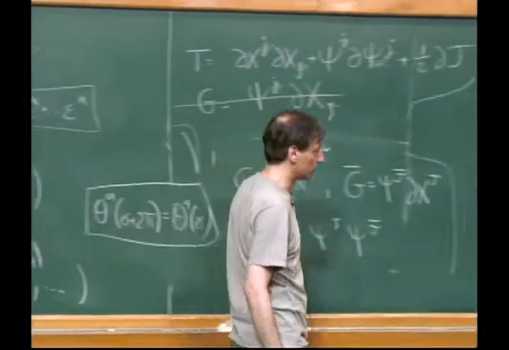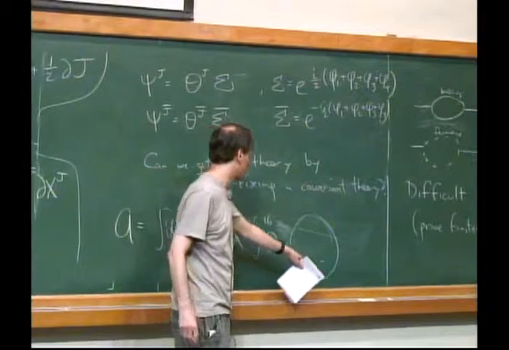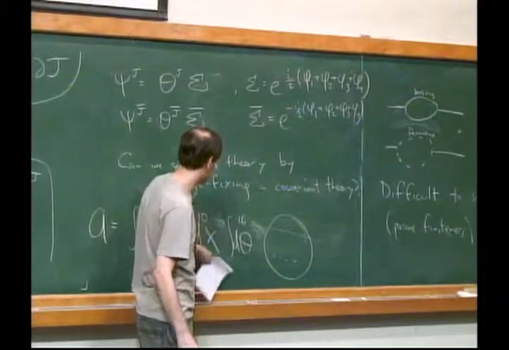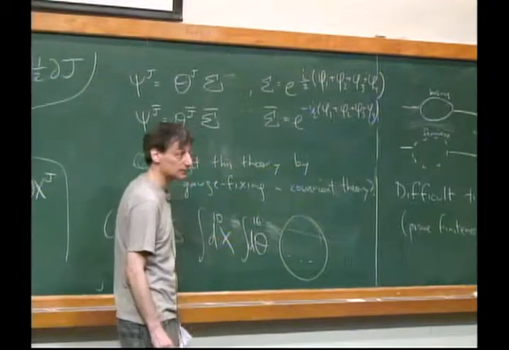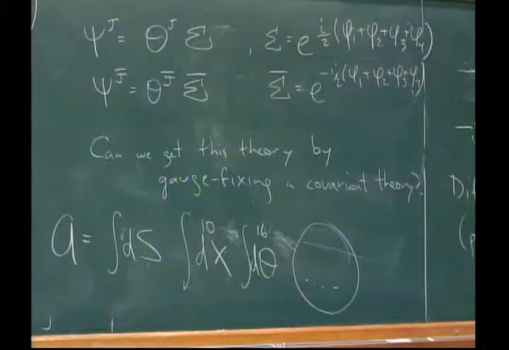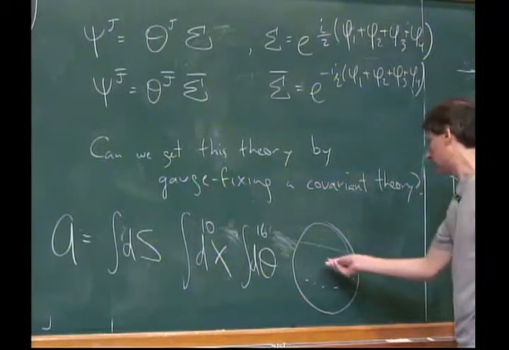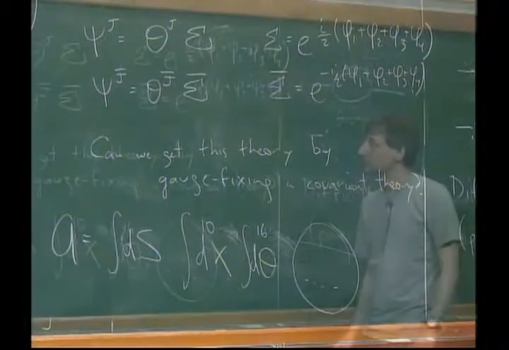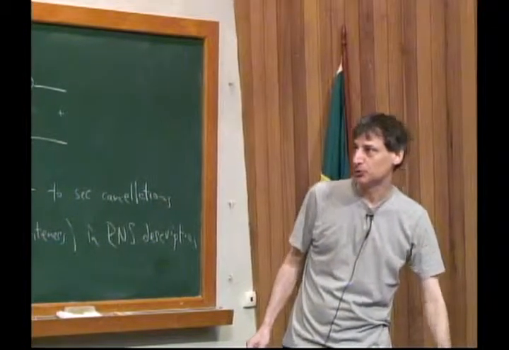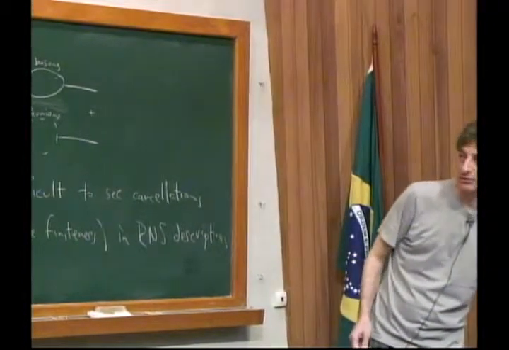In this case, one also needs ghosts. So in general, in the covariant theory, you can either introduce ghosts or you have to divide by some gauge symmetry. Okay, so this is the subject of the last part of the talk, finding out what sits here.